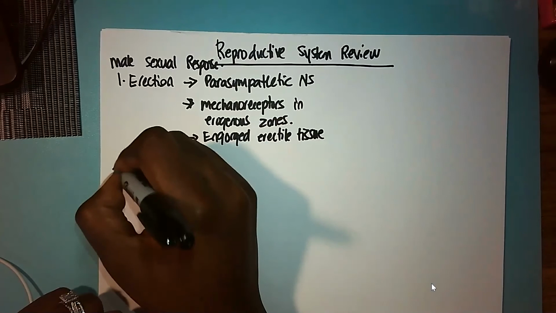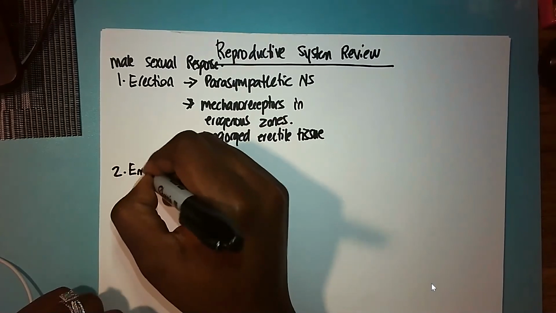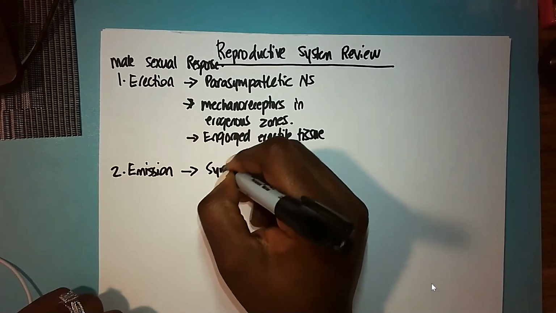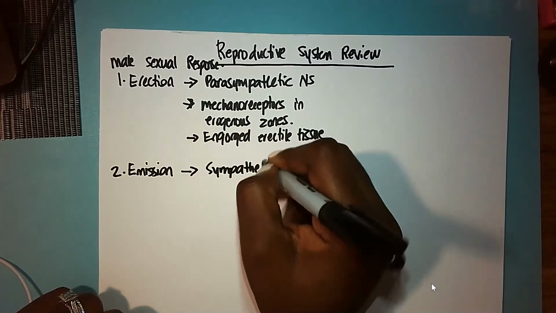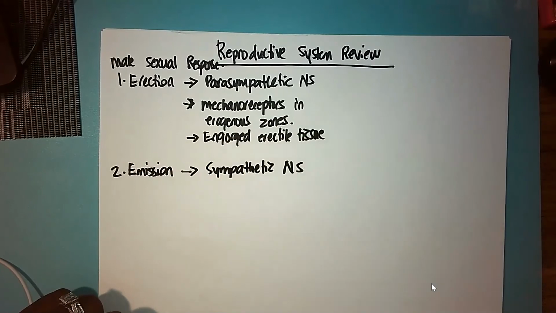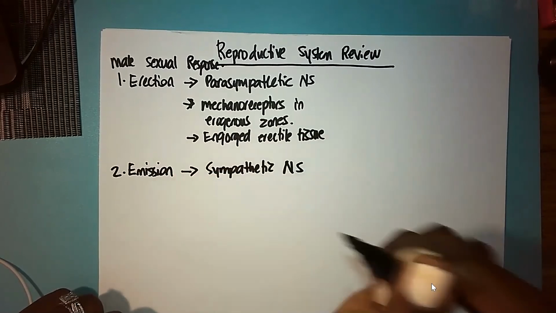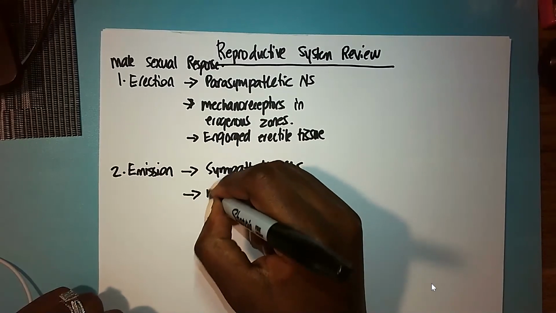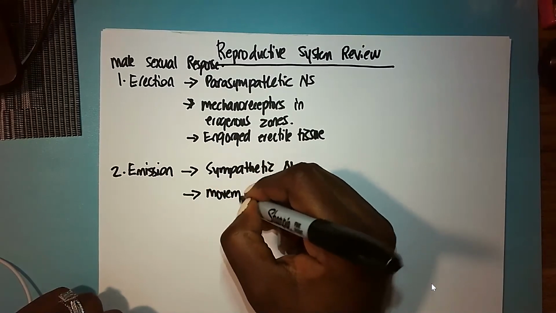The second phase was emission. This was under the sympathetic. This was where we had the movement of sperm from their storage area in the vas deferens into the urethra.